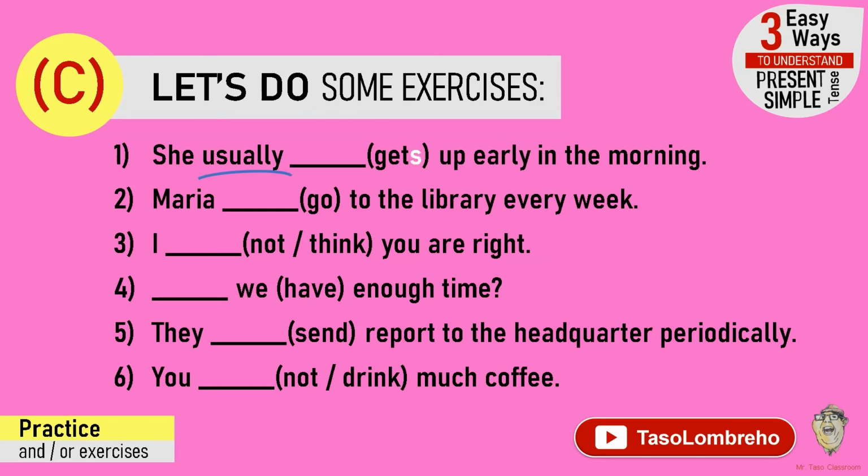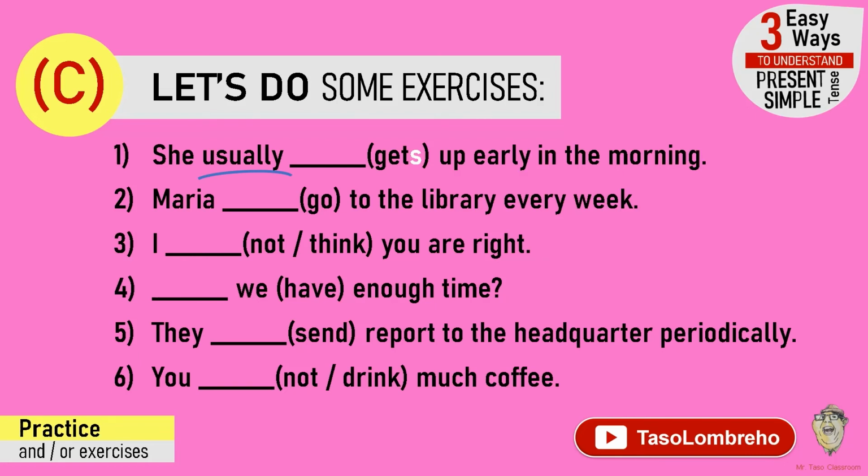Number 1, we have already been given a clue, that is the word usually. Yeah, this usually is, if you remember, part of the frequency adverbs. It is the clue that tells us it is a present simple situation. So you need to add s after the verb get because the subject is she.